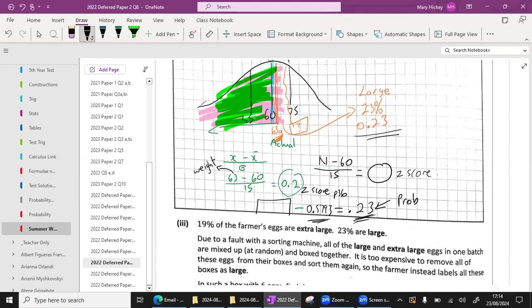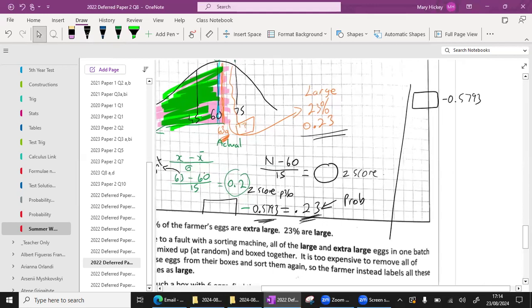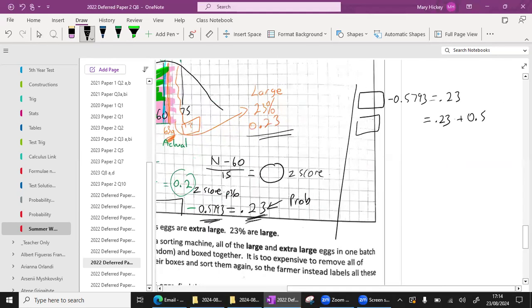Okay, so where do I go from here? So I'll go over here to the side. So I'll just rewrite that actually for a moment. So the probability that's missing, 0.5793 plus 0.23, add them. So that should give me my probability. Okay. So what is this probability?